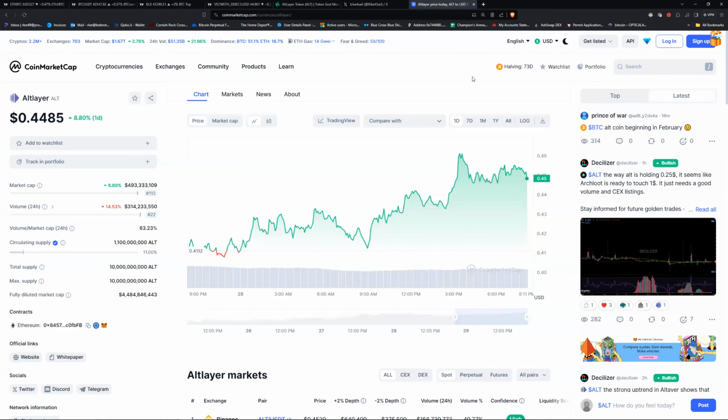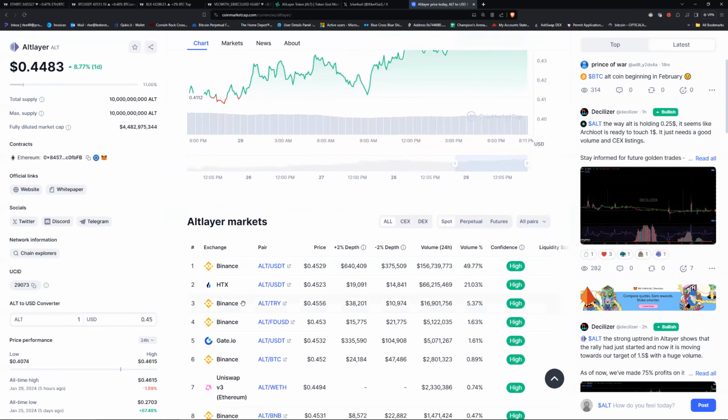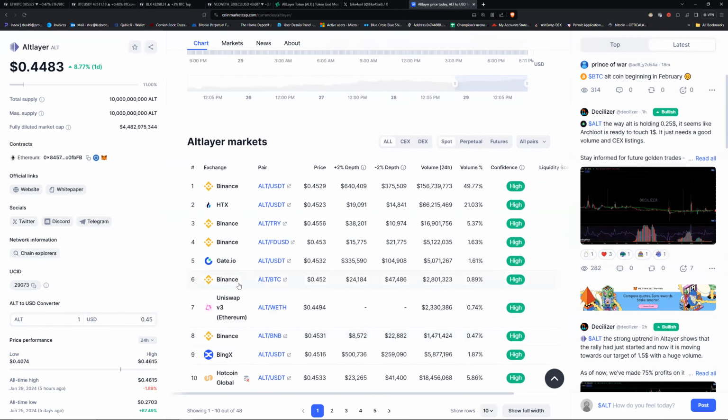But again, just because it has a highly diluted market cap, being a brand new coin, that's strange, but it doesn't mean it's going to be hard to move. I mean, it can still move, but usually on ones like this, I bypass.